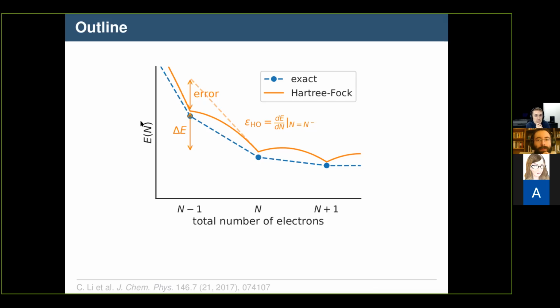Yes, and then if this condition was satisfied, and you want to look at the energy difference for the n-1 system to the n-2 system, would that be the highest occupied Kohn-Sham eigenvalue for the n-1 system, or is that the Kohn-Sham eigenvalue for the second highest occupied? No, it would be the former.